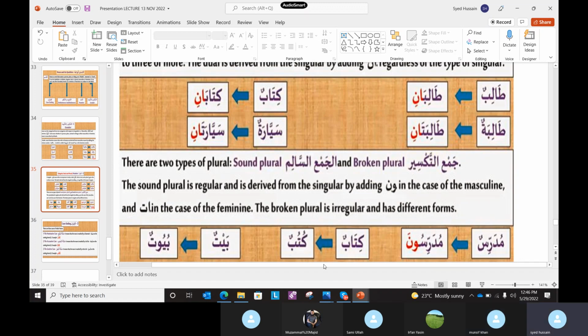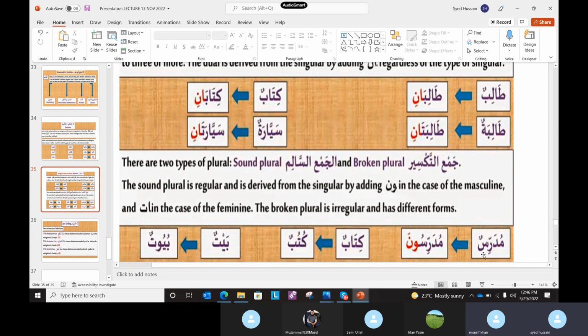Now kutubun, you see here that it is completely kaf, ta, and ba, right? Kaf, ta, and ba. If you look here, you did not make basically any change. Mudarris, mudarrisun, right? But here, this is completely different. Kitabun, kutubun. Baitun, buyutun, right?